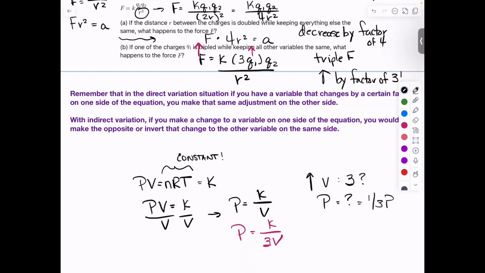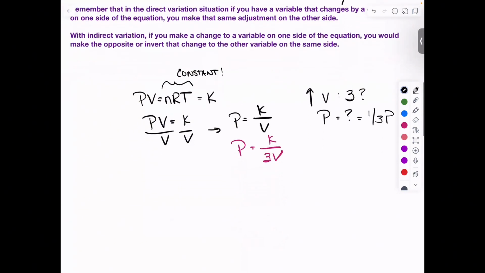And then likewise, let's do one where we have P equals K over V. If I increase my pressure by a factor of 4, what happens to my V?